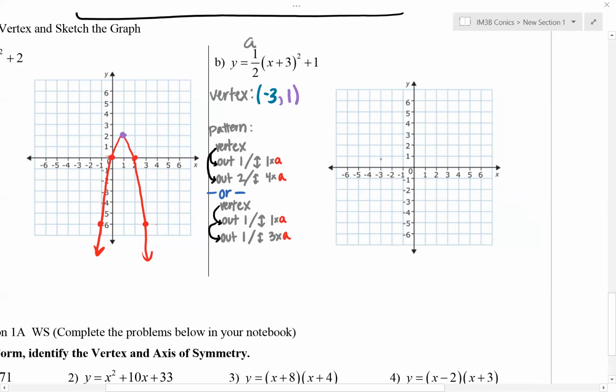So we go to -3, 1. From there, since a is 1/2, we're going out 1 and then up 1/2. So we're going to go here and here.